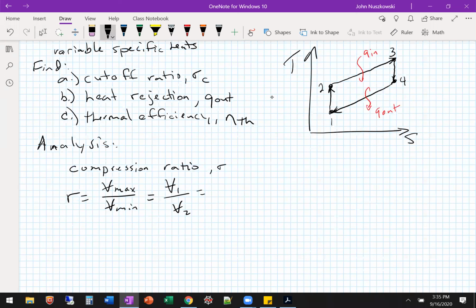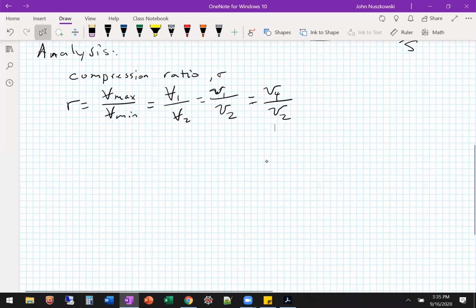We could use specific volumes since the mass is the same, it's a closed system. We could use 4 here because 1 and 4 are the same. So that's the compression ratio, right?